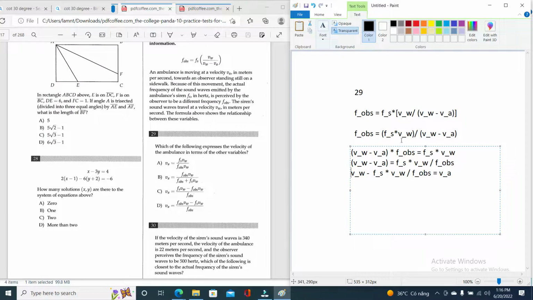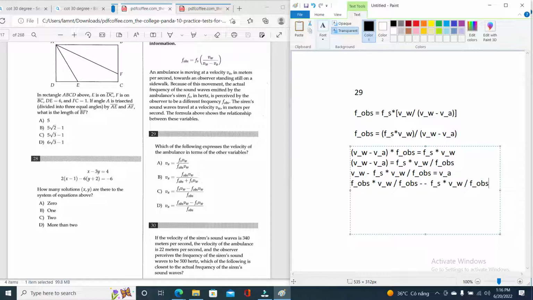So we can simplify this. This is going to be equal to F observed times VW over F observed, minus this term FS times VW over F observed, right?